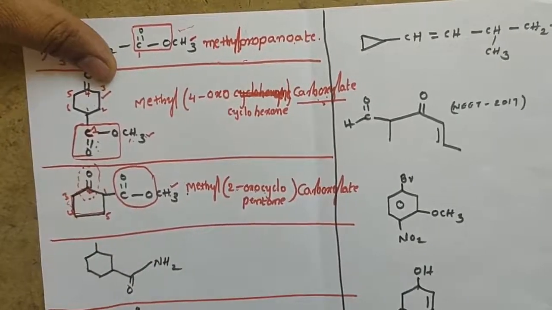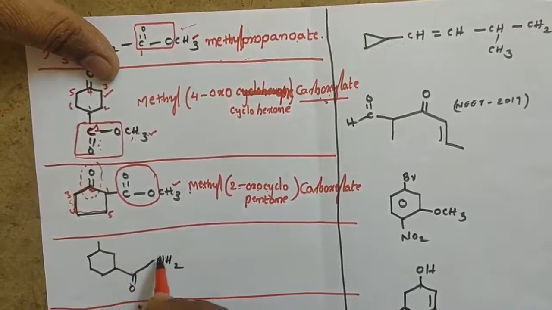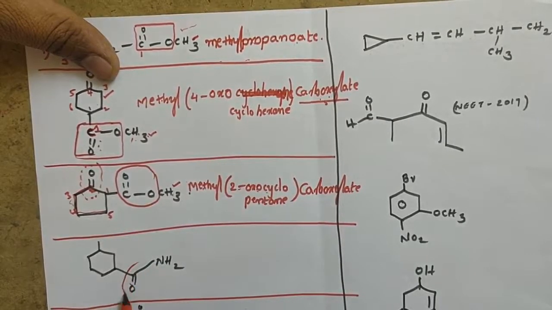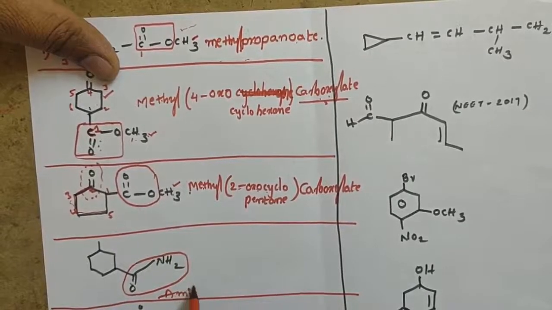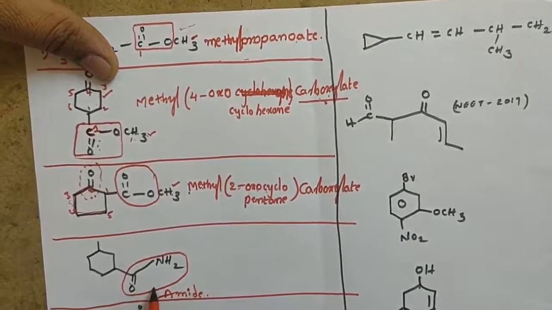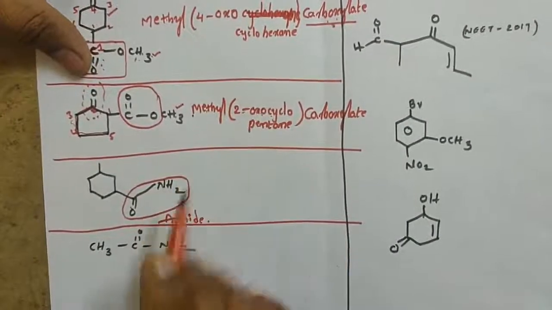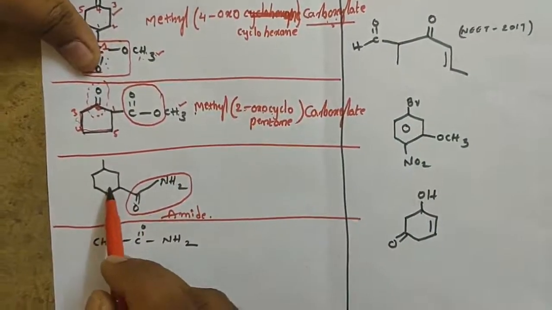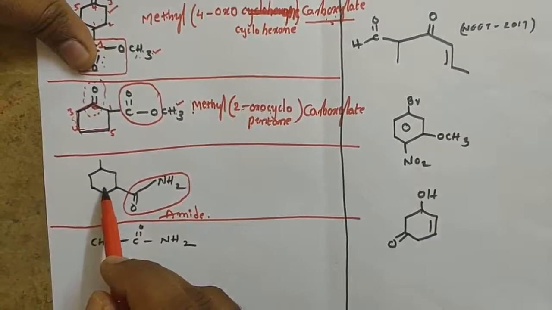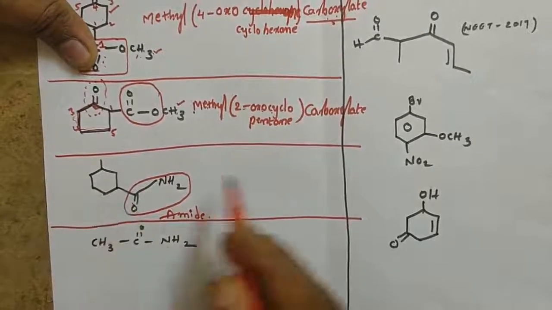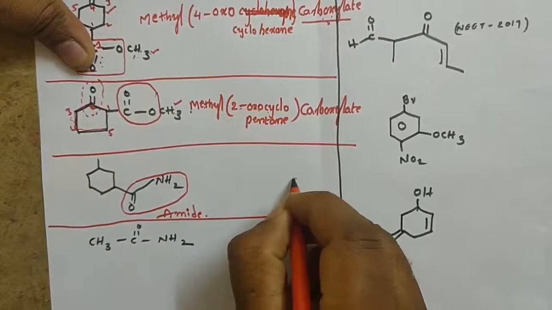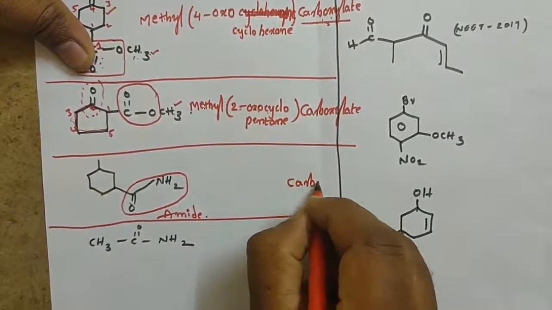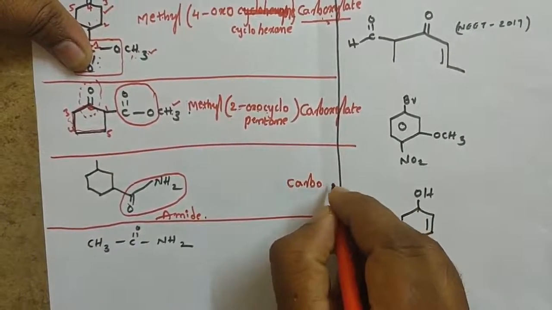Let us look at which functional group is present here. The functional group present here is called amide. If this amide functional group is attached to a cyclic ring, then the suffix we have to use here is carboxamide.